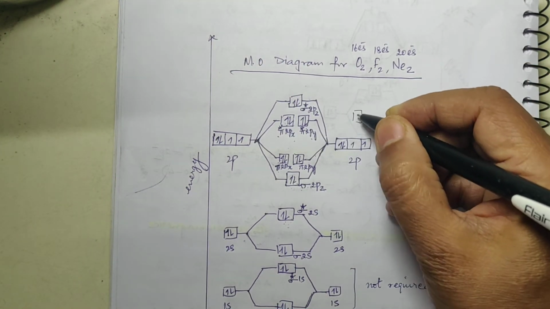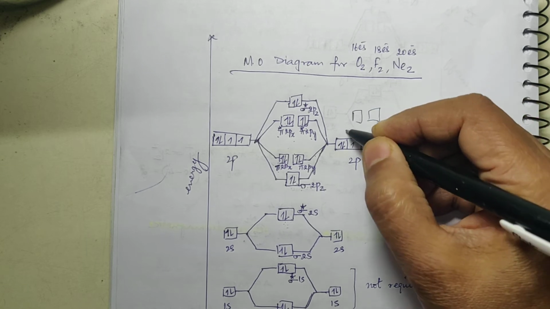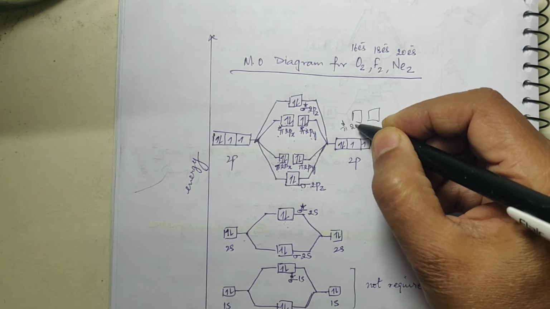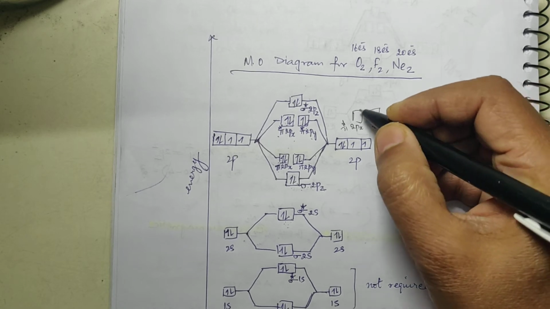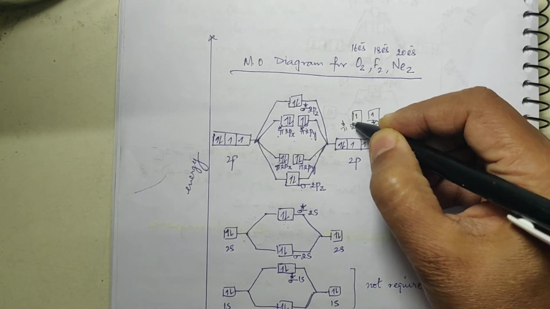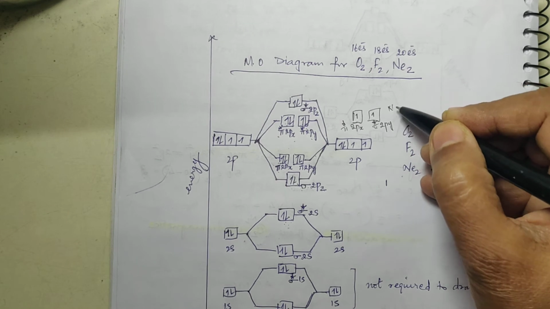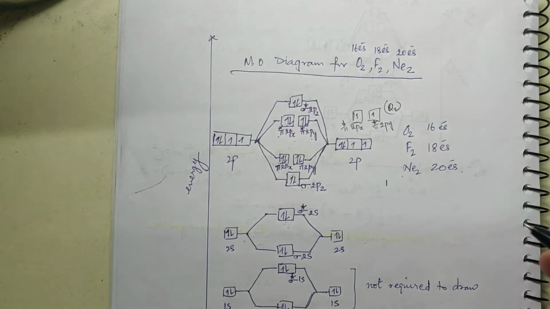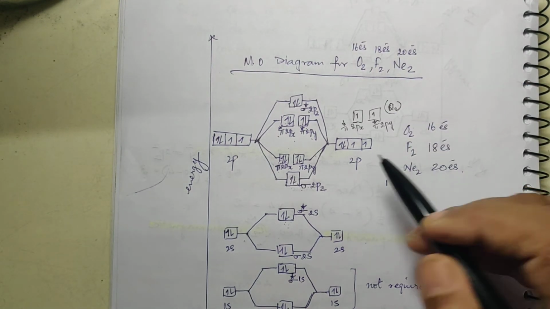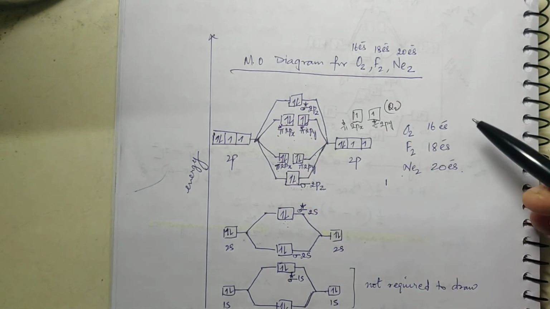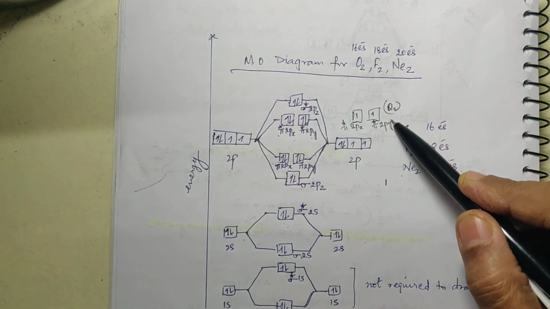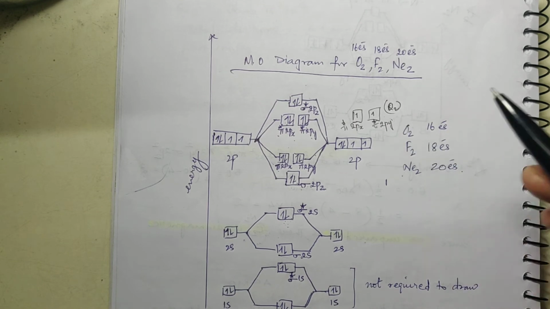Now in the pi star 2px and pi star 2py, there will be 1 electron each in the case of oxygen, right? This is for neon what I have shown. For oxygen it will be 1 in each, because of which oxygen will be paramagnetic in nature.